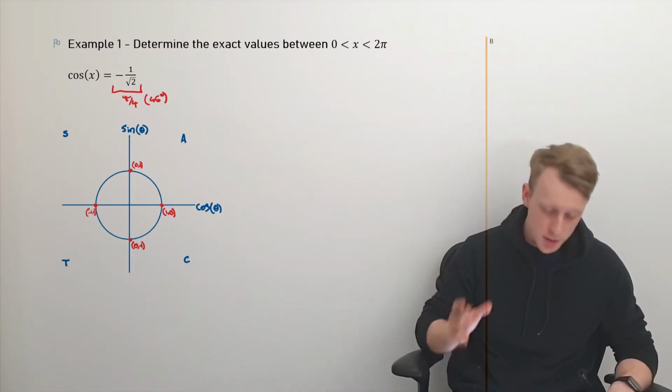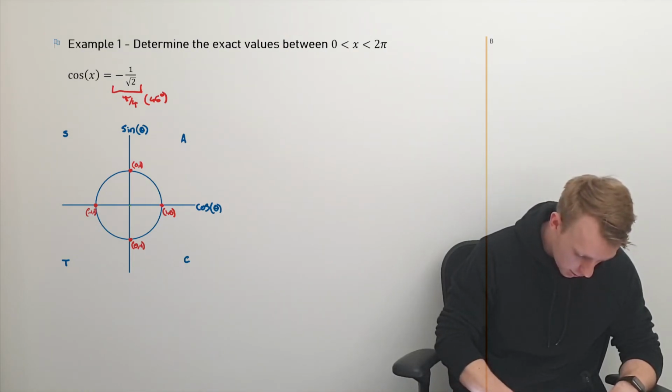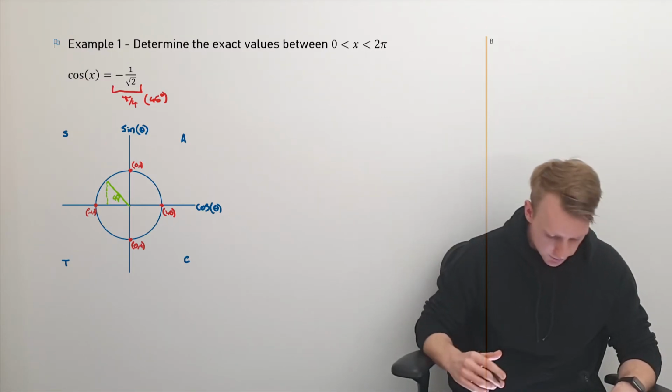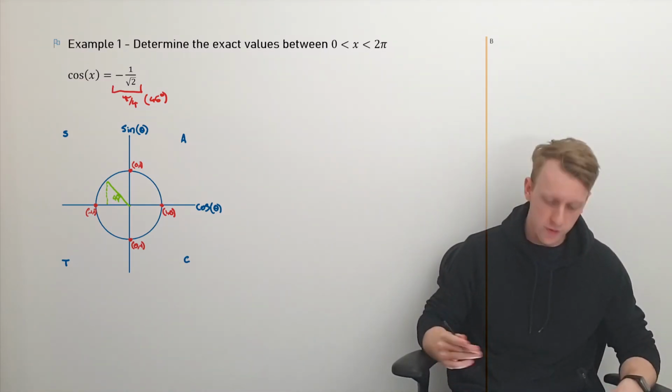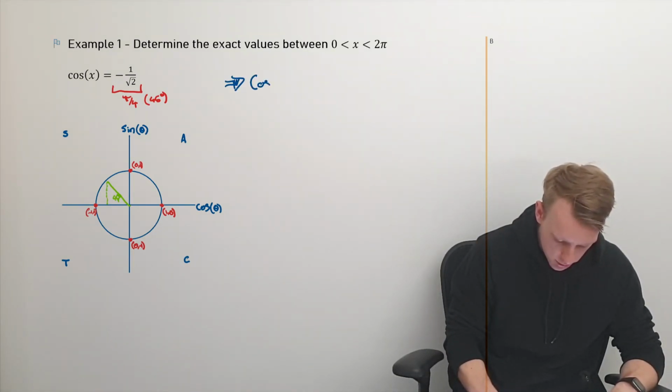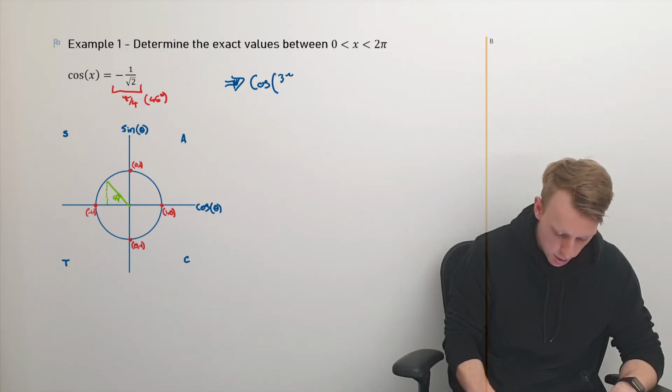And the value for cos is negative. So I'm going to go out into the negative quadrant here, 45 degrees there, and I'm going to get one of my values for cos. So cos of 3 pi on 4, 135 degrees, is equal to -1 on root 2.